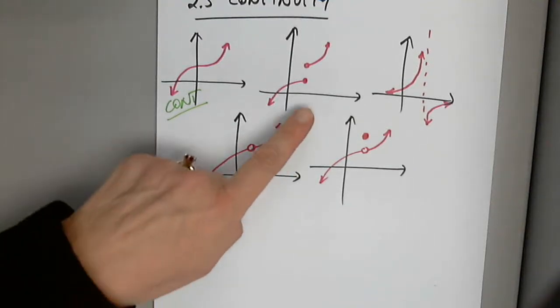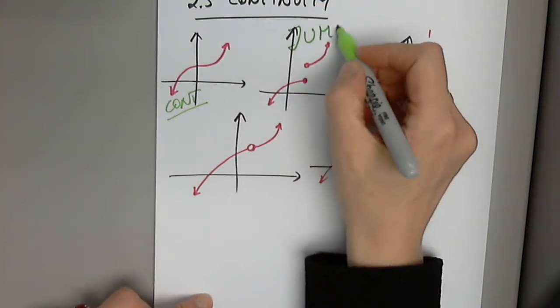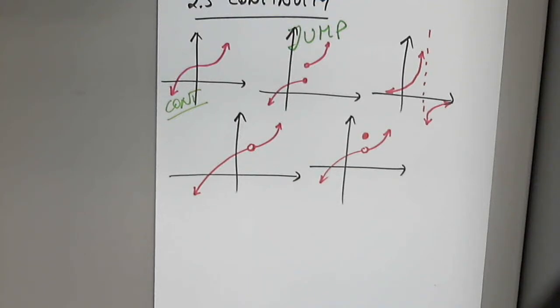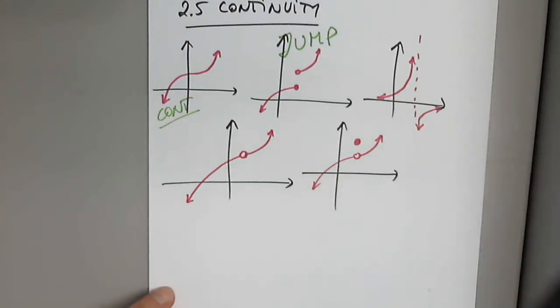Okay, so what would you say about this one? Is it continuous? Obviously it's not. What type of discontinuity is this? Jump. It's a jump discontinuity. Okay, what type of discontinuity will this one be?